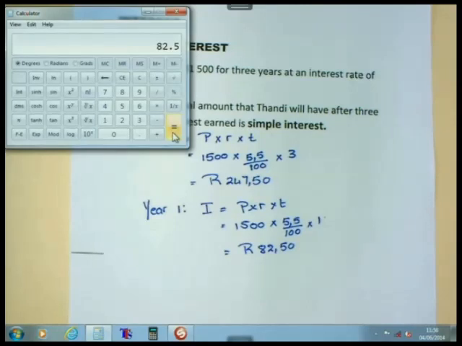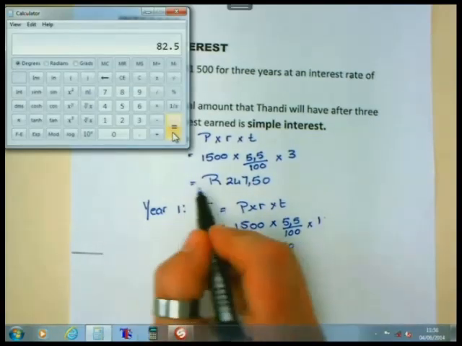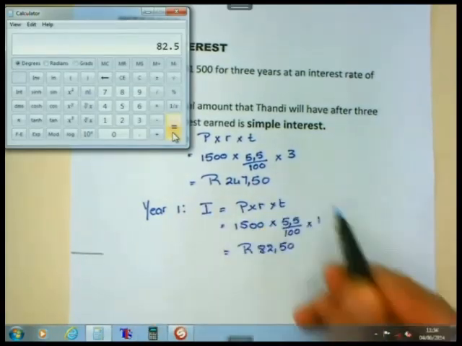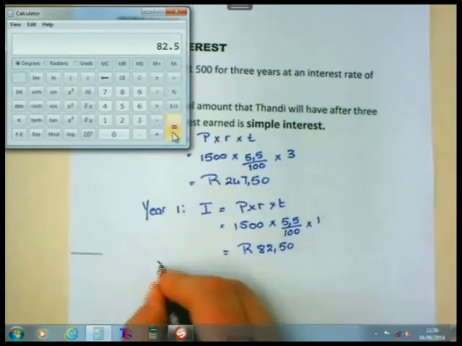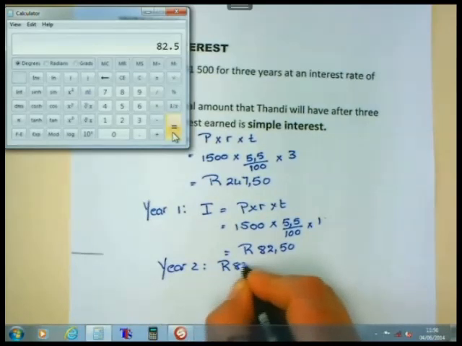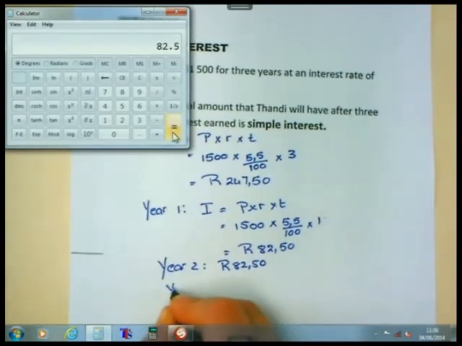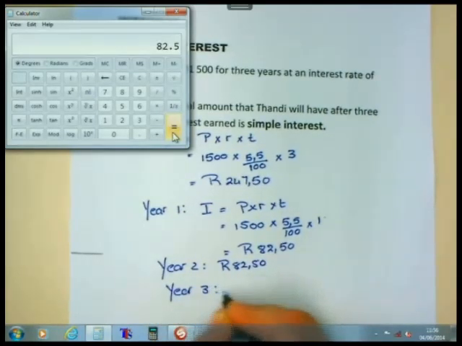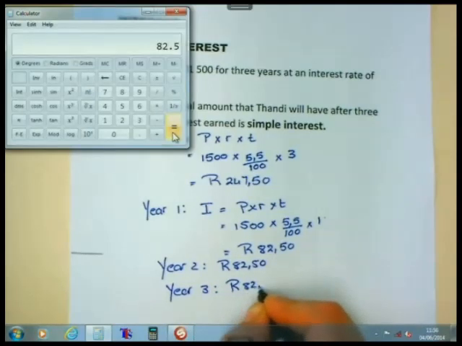The interest remains exactly the same for each of the 3 years. And that is why here, where I multiplied by 3, for year 2 the interest is also 82 Rand 50, and for year 3, the interest is also 82 Rand 50.